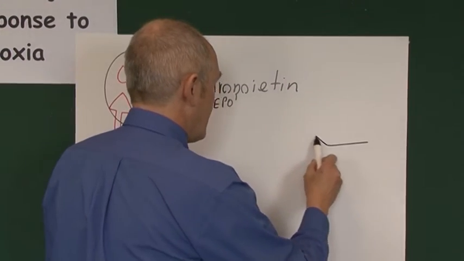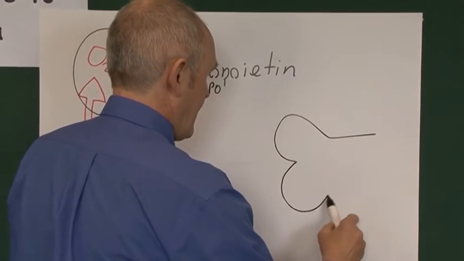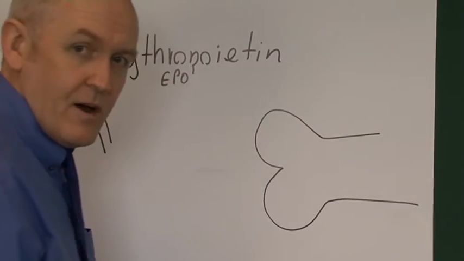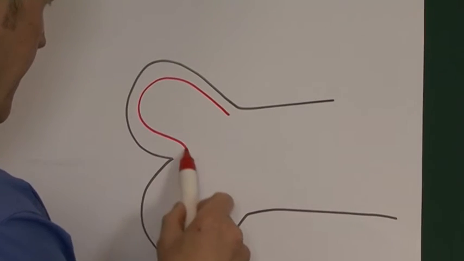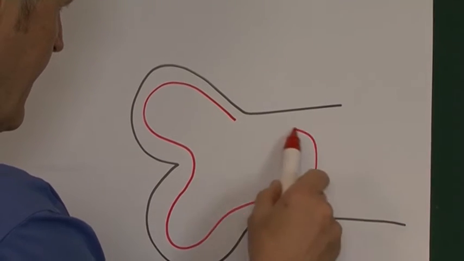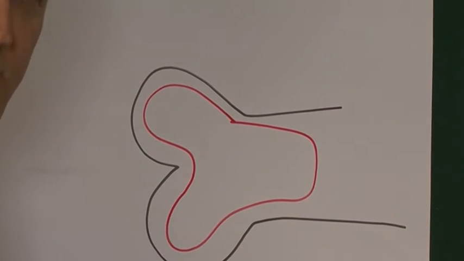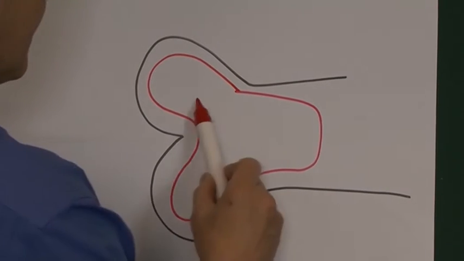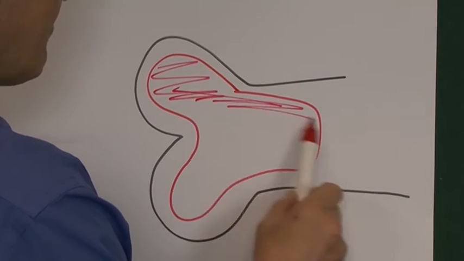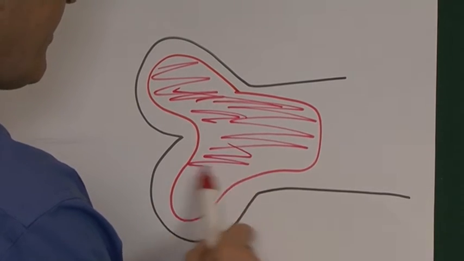So here we have the end of a long bone. And of course in the flat bones and at the end of the long bones, what have you got at the end of them here? Well, at the end of long bones and in flat bones, you've got the red bone marrow. And it's the red bone marrow, of course, that's producing the blood cells.